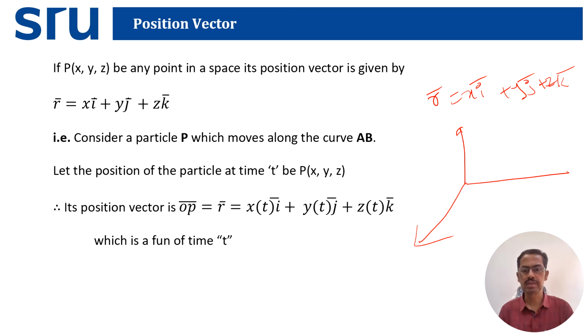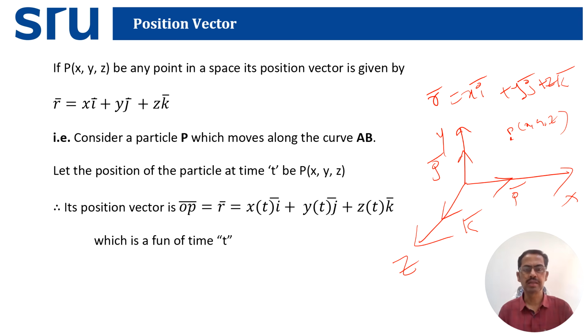Take this as the y-axis, this as the x-axis and this as the z-axis. Along the x direction is i bar, along the y direction j bar, along the z direction k bar. Right? So P is any point (x, y, z) in three dimensions.